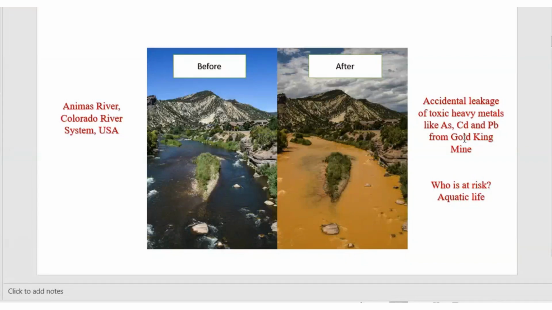The point is that by merely comparing pictures like these or looking at data like these, you can understand how our interferences, our activities as human beings, can cost us the life of not only human beings or the fellow people living around us, but also of aquatic as well as other life forms which exist in nature and are equally important for our survival. Those who had biology or others also must know how a food chain and a food web exist and how each organism is dependent upon another for survival.